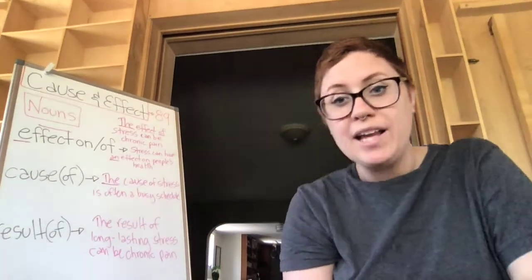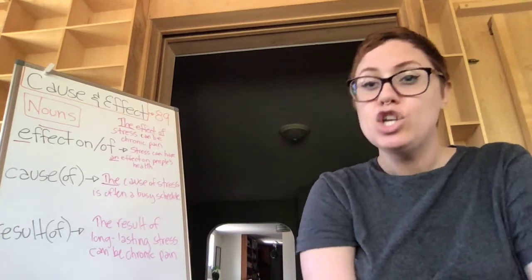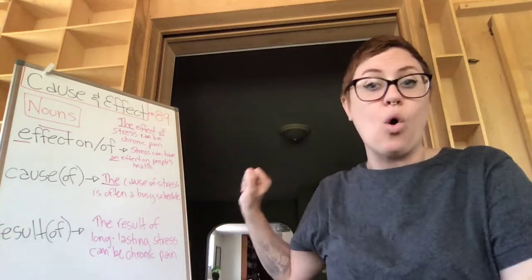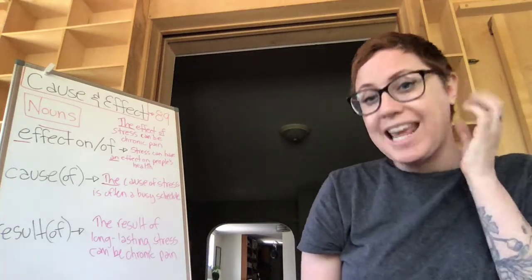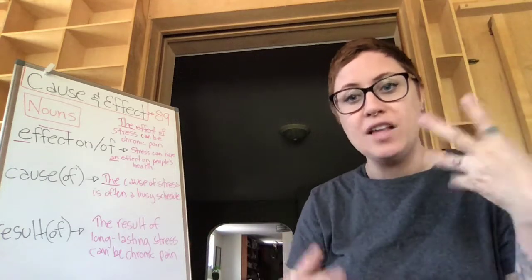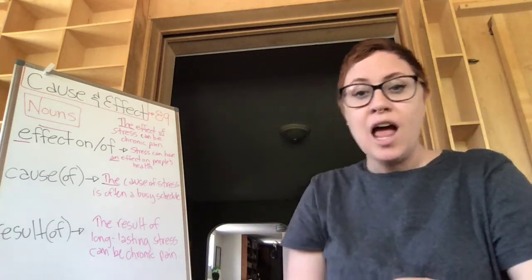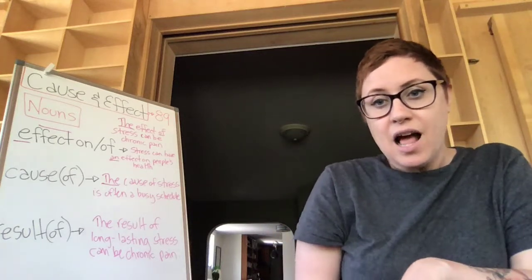I would like you to write three sentences about this flow chart using either nouns or verbs. You can do a combination, but just to get used to the structure of how we use cause and effect language.